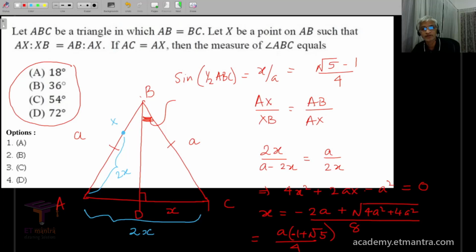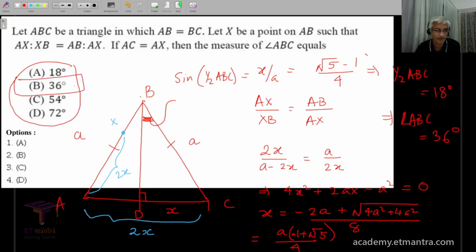And you're supposed to know that this implies that half of ABC is equal to 18 degrees, and that means that the angle ABC as required in this question is 36 degrees. So the only way to get this algebra right is by lots of practice, but it should not count as a very tough problem.